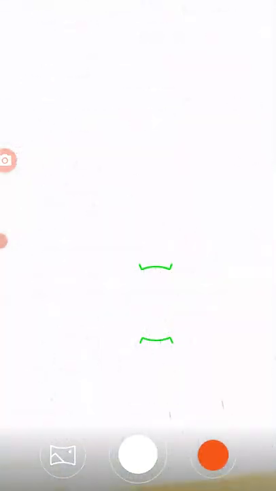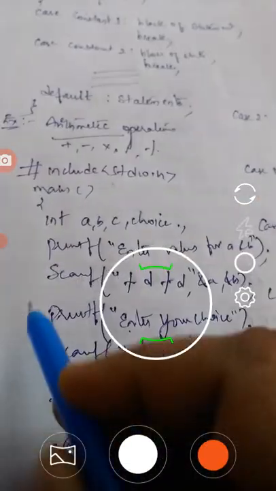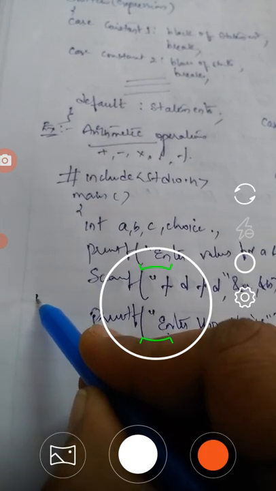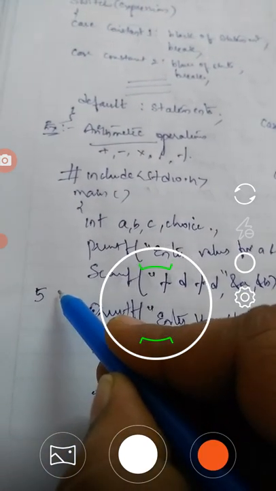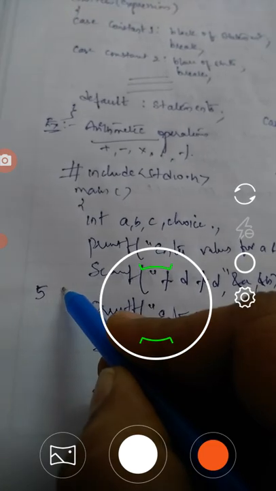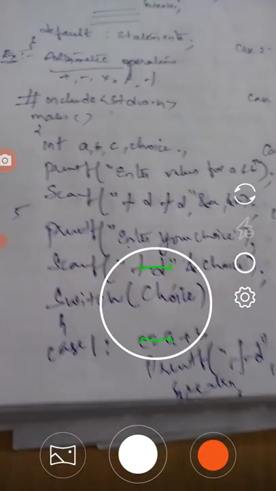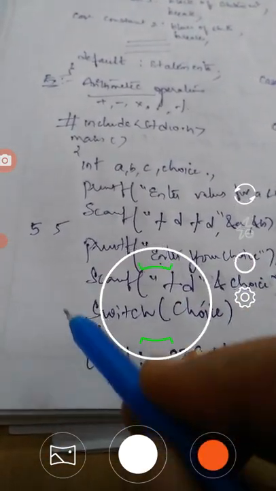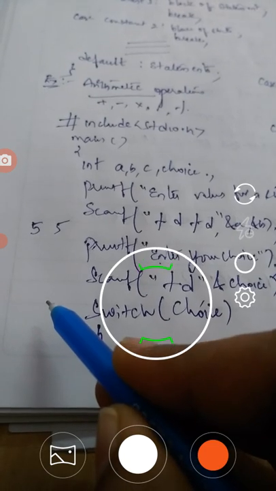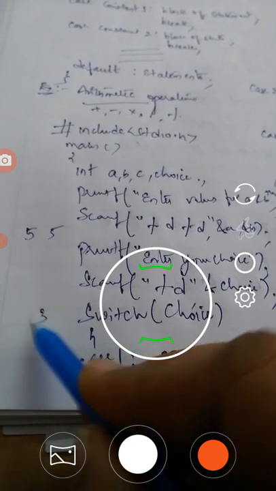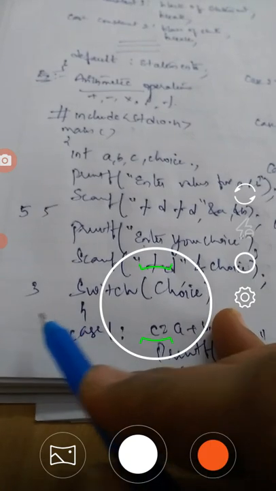Let us look into this program and its working nature. Here I am considering values for A and B as 5 and 5. Here we are going to read the choice now, so I am giving choice as 3.